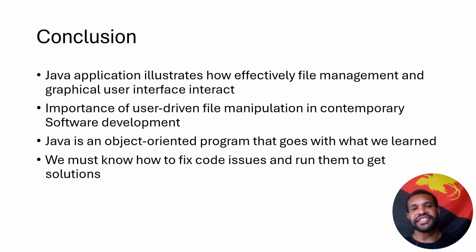And you know that Java is an object-oriented programming language that goes with what we've learned in our programming. We must know how to fix code issues and run them to get solutions. So when there is an error, we have to fix it, get the right code, and then execute it again to get the final solution.